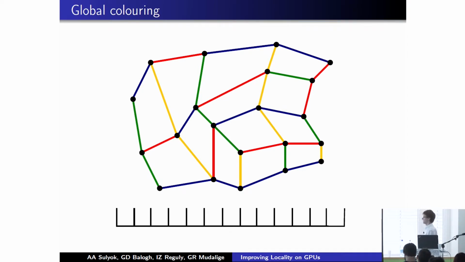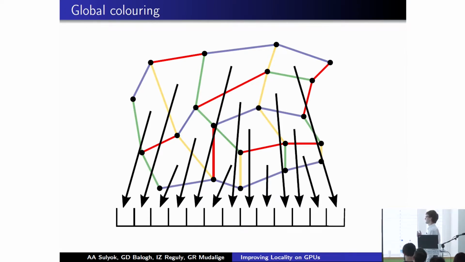This way you have a correct result, but you have no data reuse; your reuse factor is 1. In this case, if you launch the red color, you have to fetch every cell's data from the global memory.